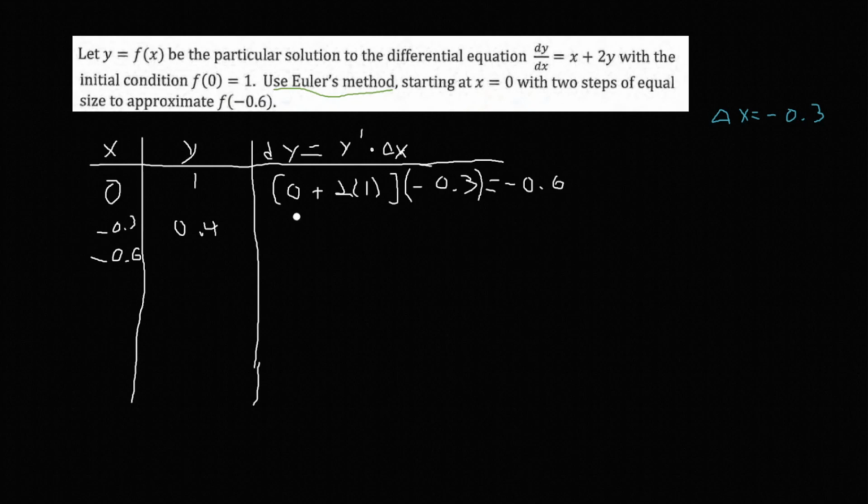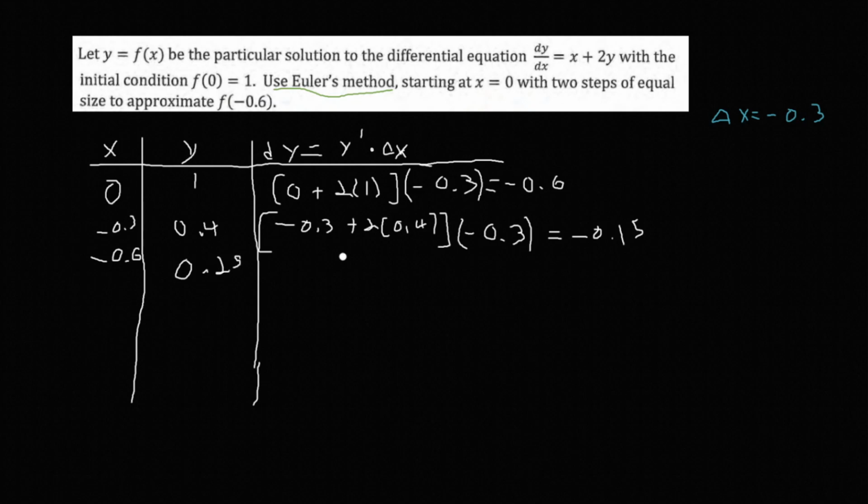So x is negative 0.3, negative 0.3 plus 2 times y is 0.4. And then we're going to multiply this by our negative 0.3, which is negative 0.15. And then we're going to add this to our 0.4, which is 0.25.